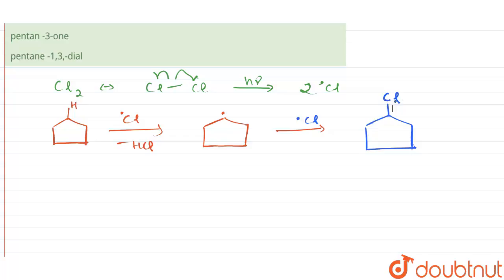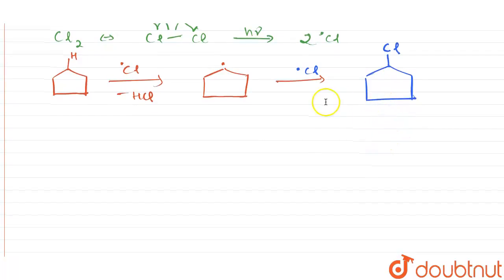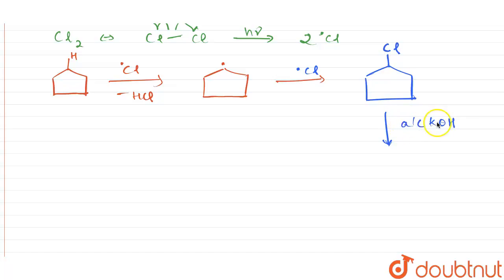Now in the next step, because this radical and this radical can form a bond, and in the next step, due to the presence of alcoholic potassium hydroxide, there will be removal of this OH will remove the hydrogen which is present adjacent to the chlorine atom, which will act as a base.